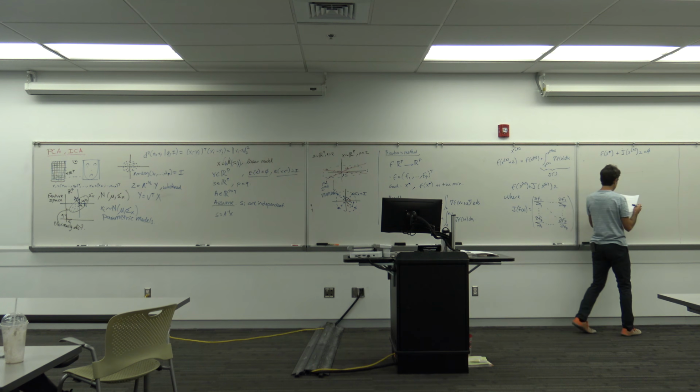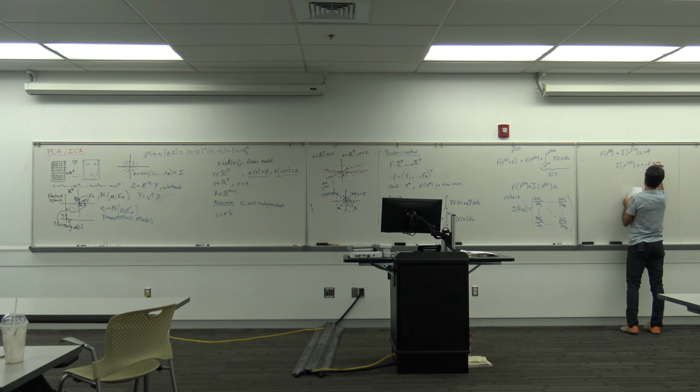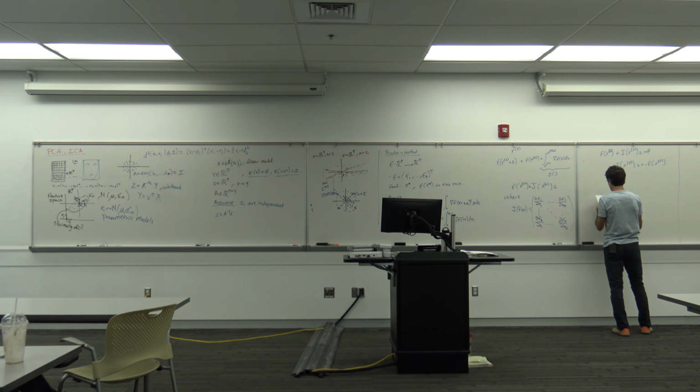So I'm going to move this to the other side, so I have the Jacobian of x transpose times z, excuse me, is equal to negative f of x transpose. And this is going to give me my z at time t.